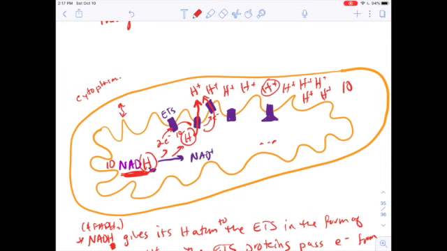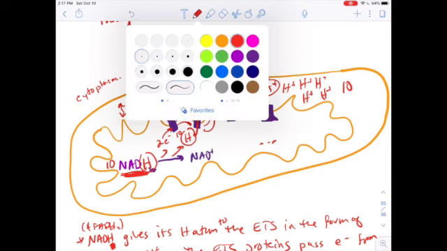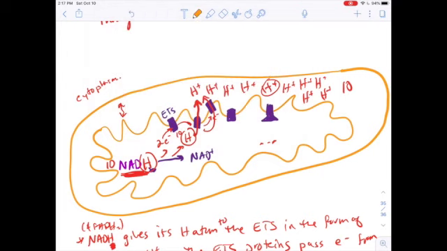But there was something I told you a couple of lectures ago: something very special, very important happens when a gradient that is not stable is equalized and becomes stable. Not only is it more stable, it's so much more stable that energy is released when these protons equalize the gradient.